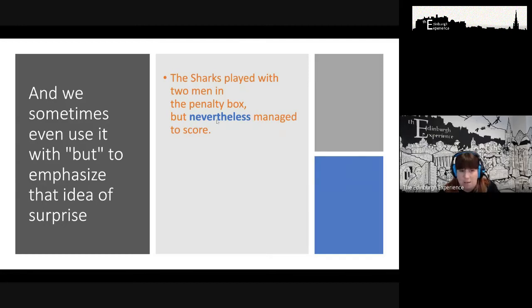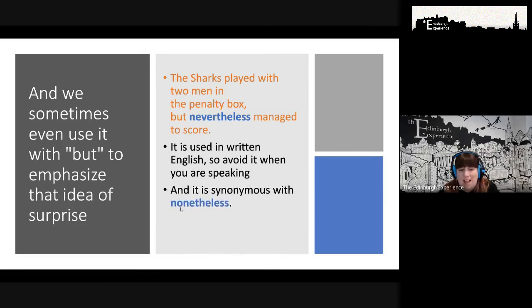By adding it in, I'm emphasizing the idea of surprise. Okay. This is one, guys, that we use in written English. It's not one that you want to bring into your speaking. And you might also have seen the word nonetheless. It is entirely synonymous and interchangeable. Okay, so I could say here, but nonetheless managed to score.